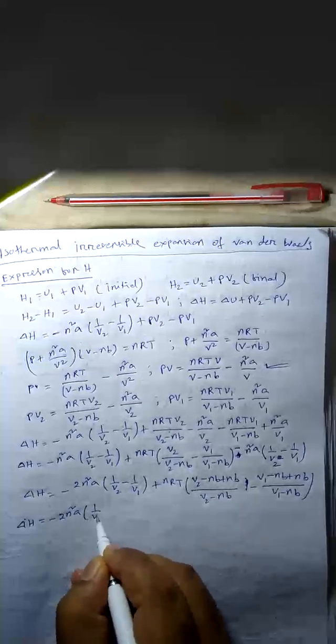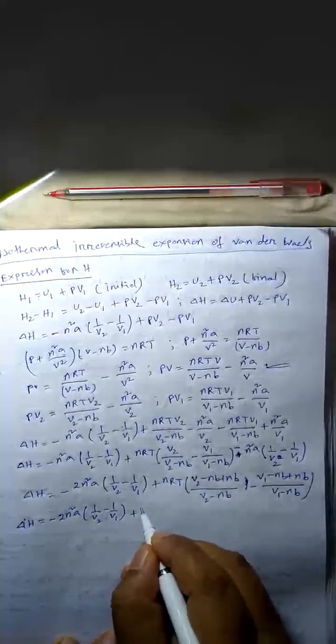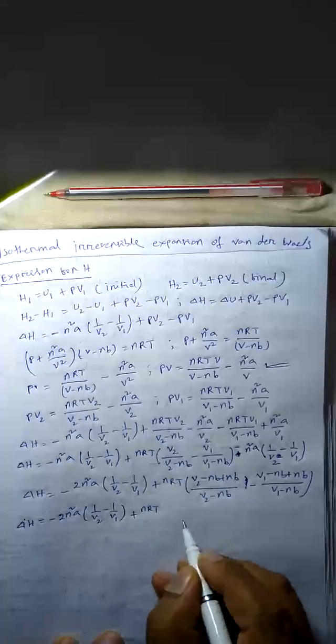1/V2 minus 1/V1, plus nRT you take common.